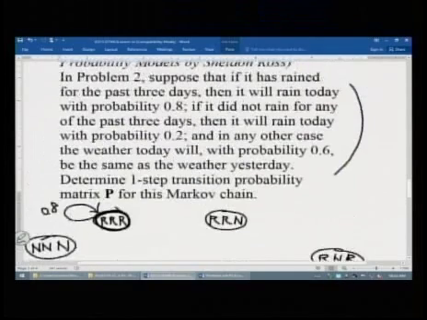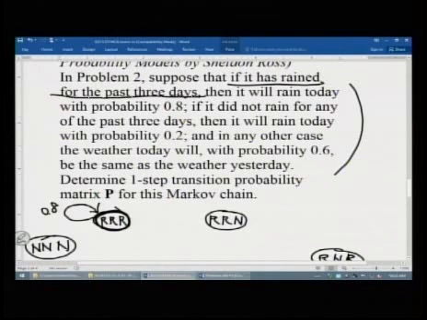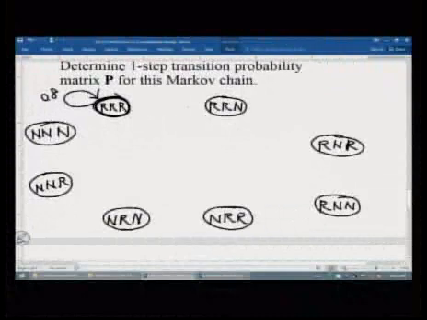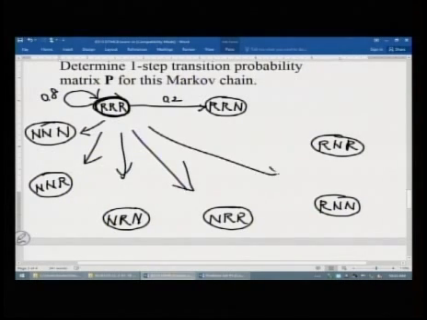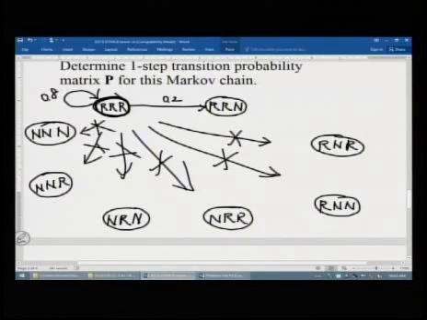Because if it has rained for the past 3 days, then it will rain today with probability 80%, right? Okay. Then what other transitions do we have starting from this state? We have this transition, right? That's going to be 0.2, 20%. Because there will be no other transitions starting from this state. Okay? We never have those transitions. Why is that?